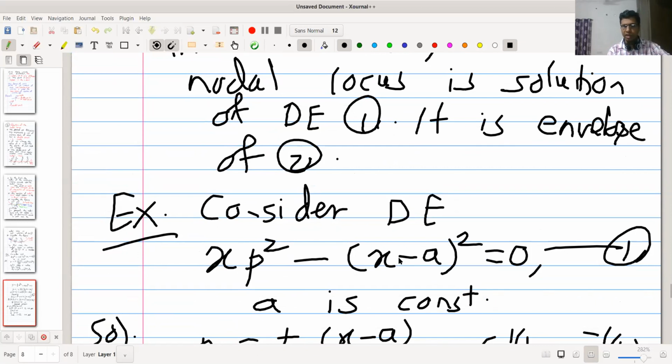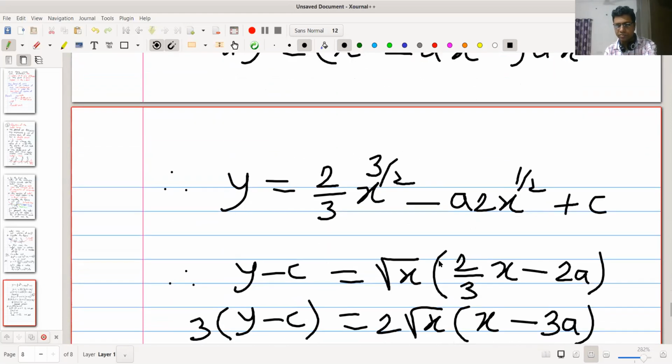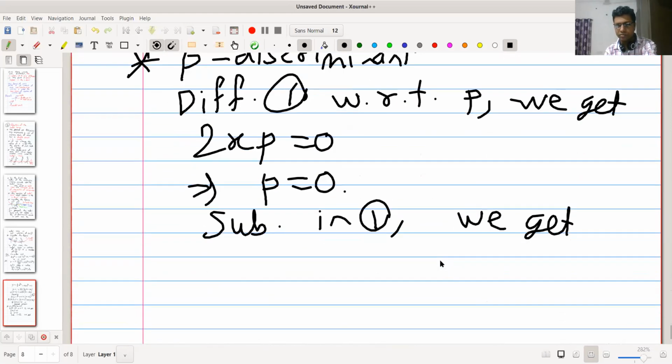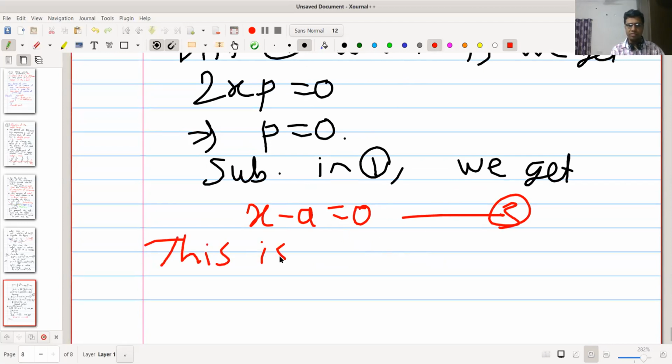That means x equal to a. We get x minus a equal to 0. We call this 3. This is the p discriminant relation.